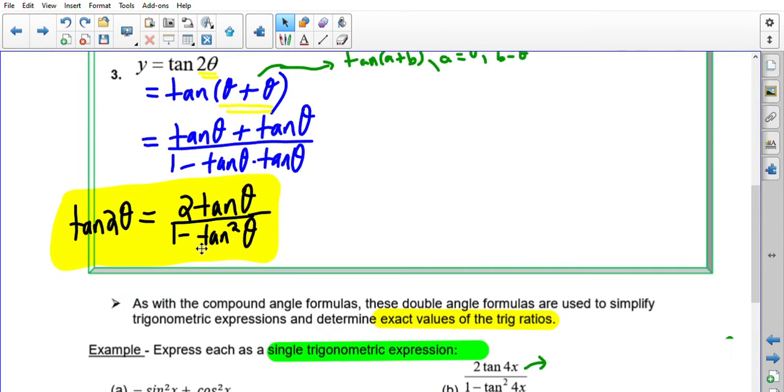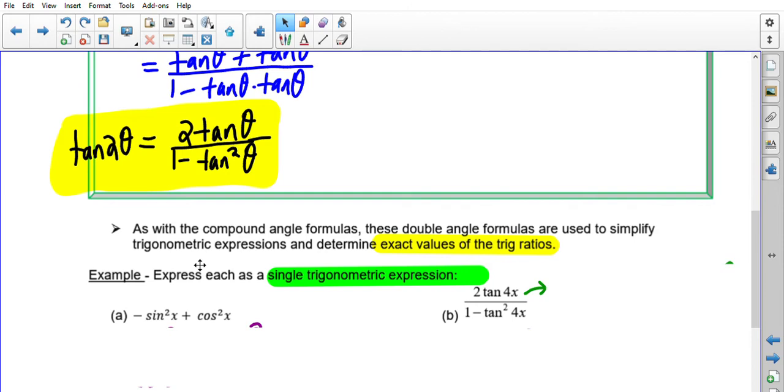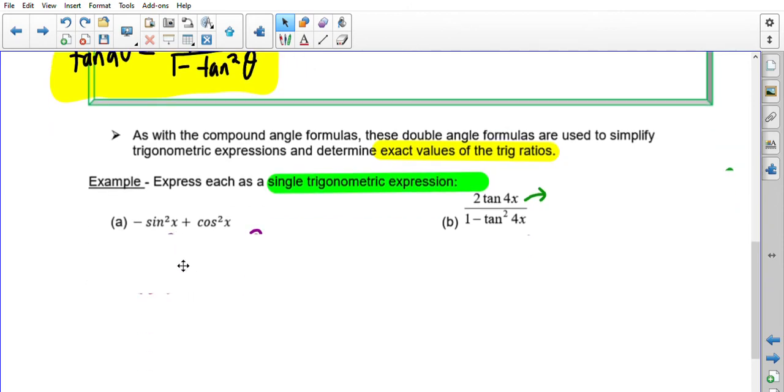All right, so here we have negative sine squared x plus cos squared x. One thing you can do is just rearrange this. For example, put this guy first and this guy second. Make sure you leave the negative with the appropriate term. So that becomes cos squared x minus sine squared x.